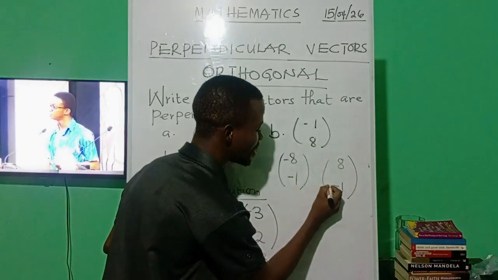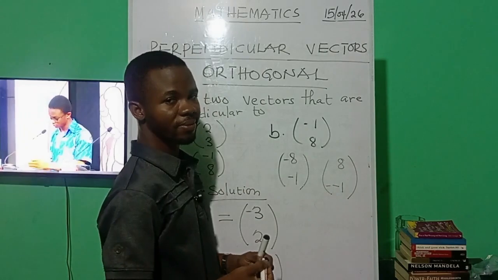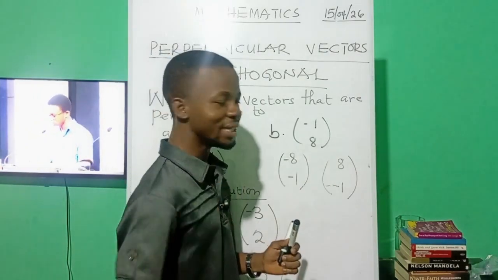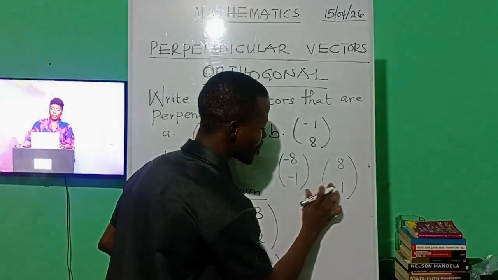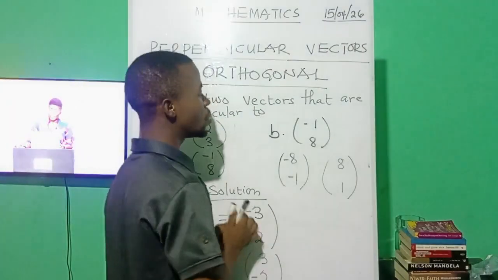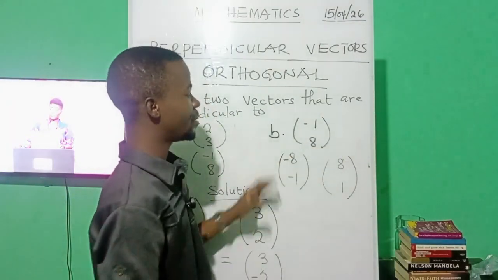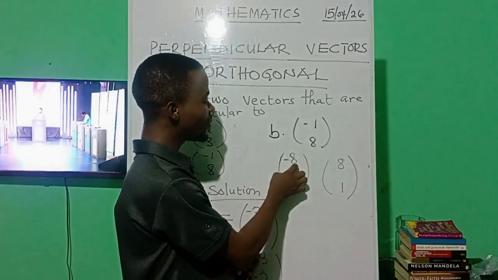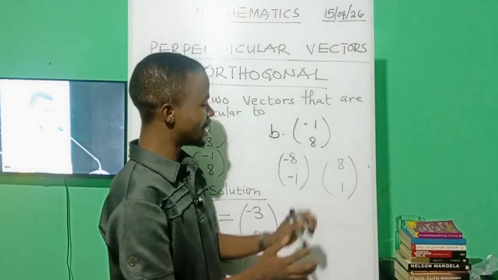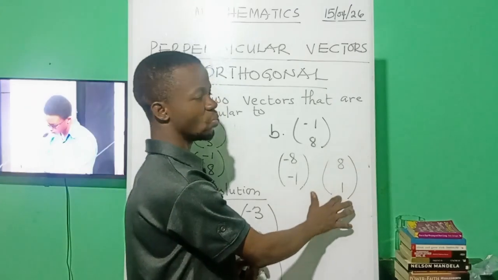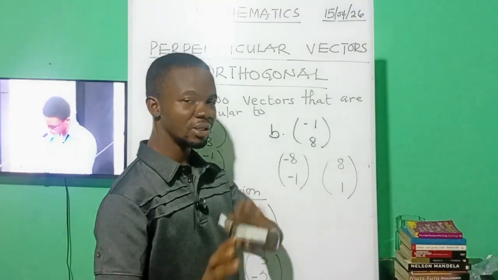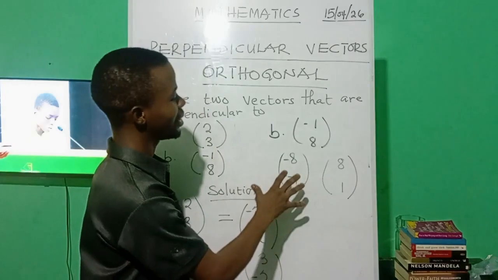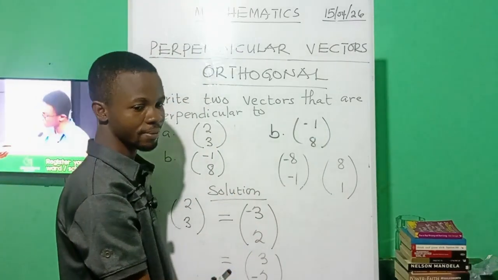So here becomes a double negative. And double negatives are always what? Positive. So vectors that are perpendicular to -1, 8 are -8, -1, and 8 and 1. They are all perpendicular to the given vector.